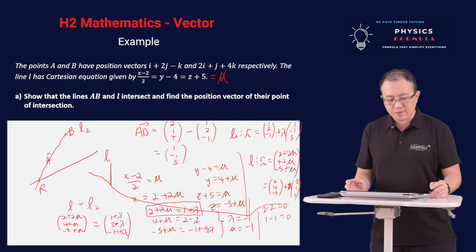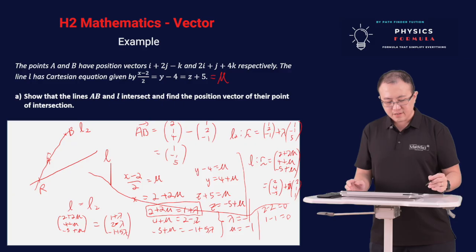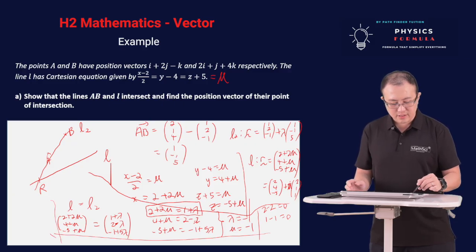So now I've proven that the lines are actually intersecting. And last but not least, let's find the point of intersection. For that, I'm going to write over here. Let me squeeze it here.